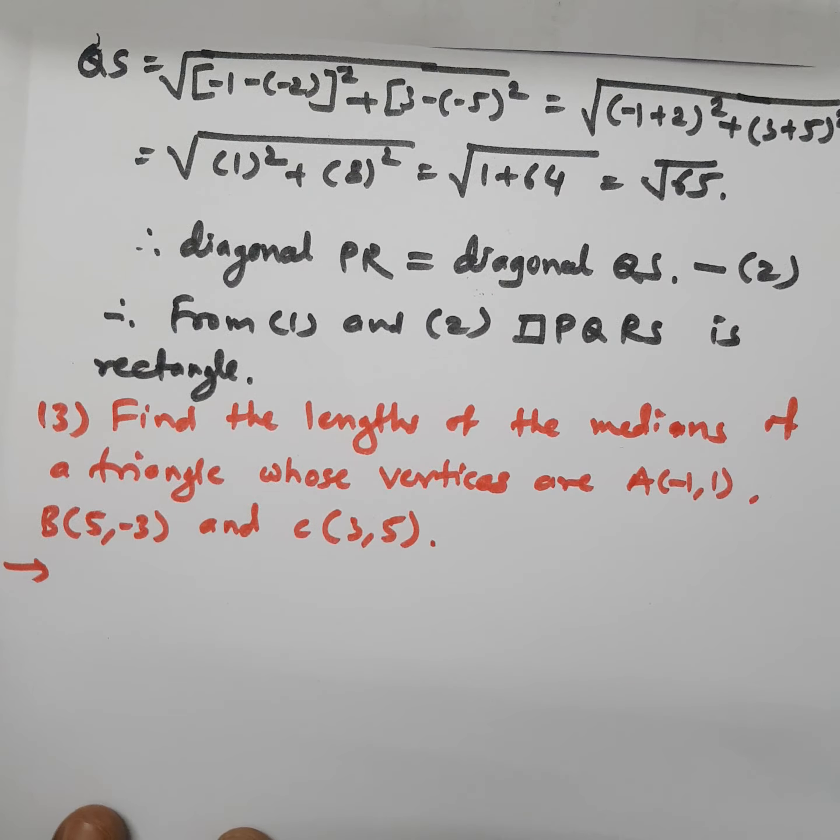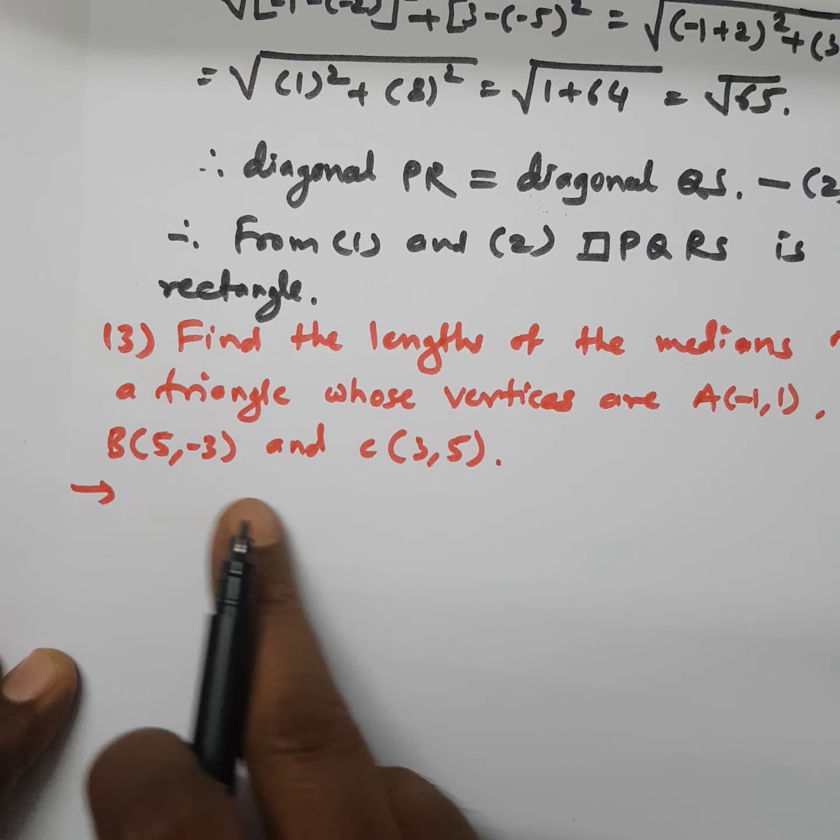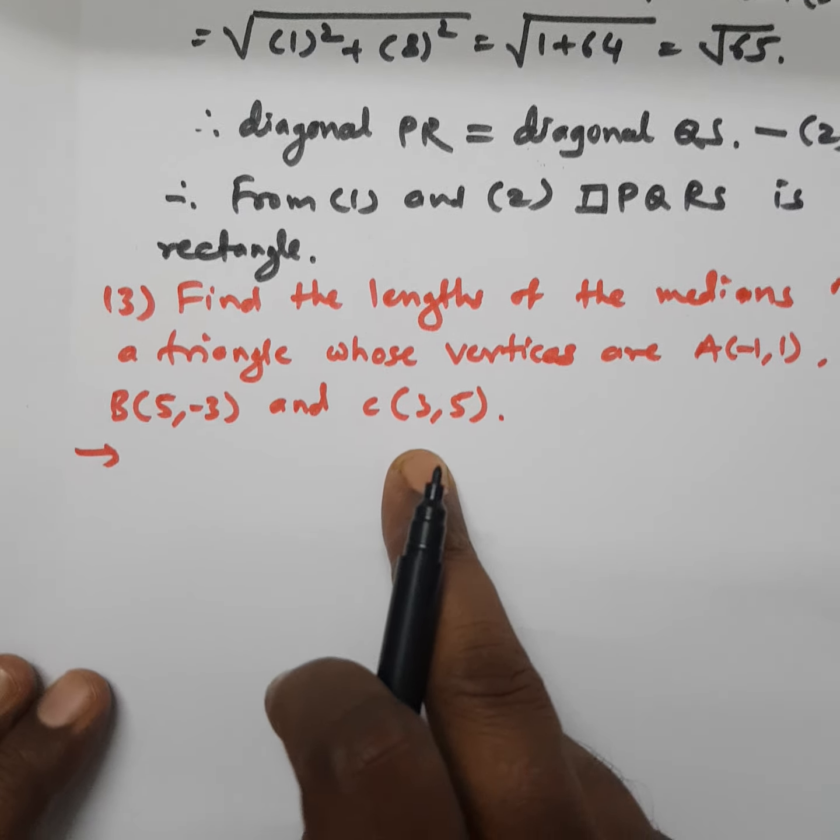Now, example number 13. Find the length of the medians of a triangle whose vertices are A(-1, 1), B(5, -3), C(3, 5).